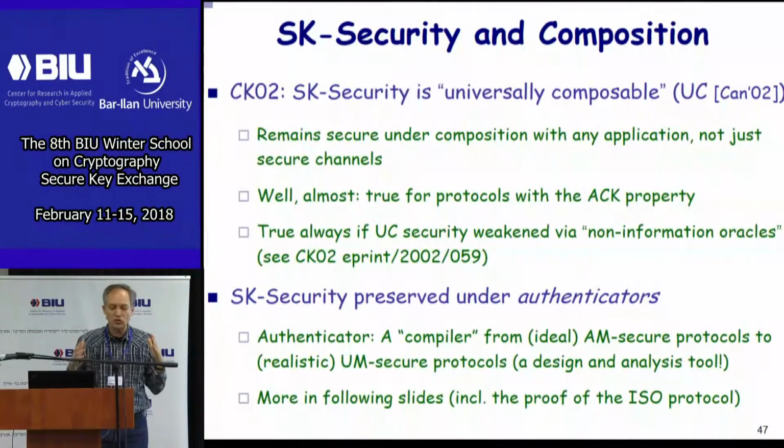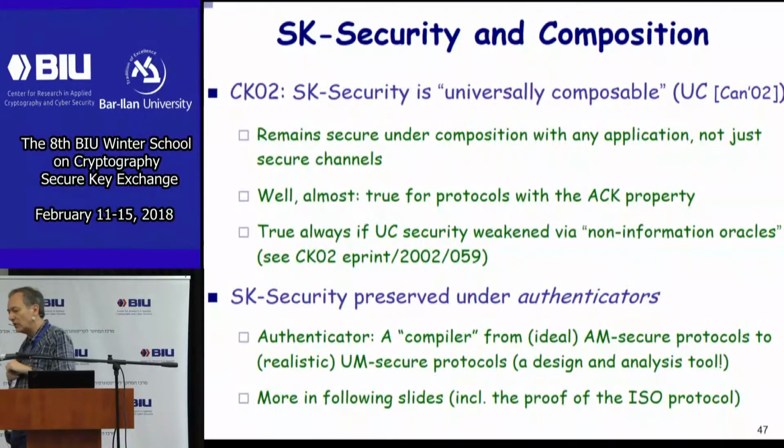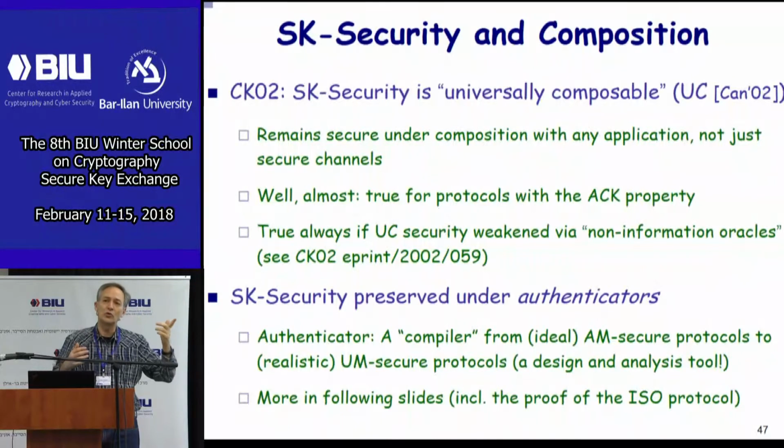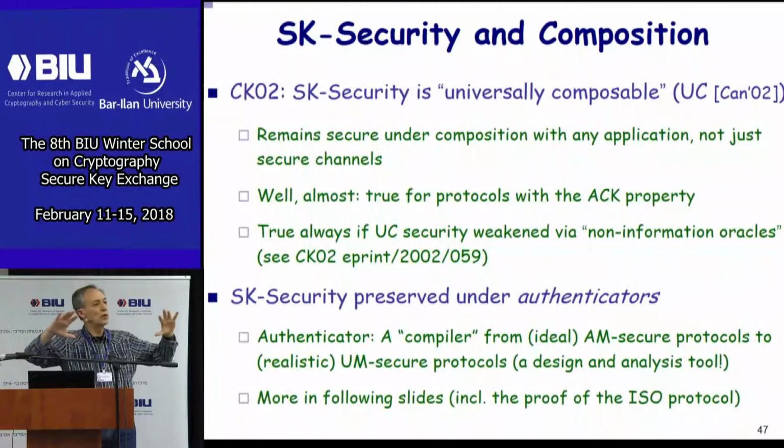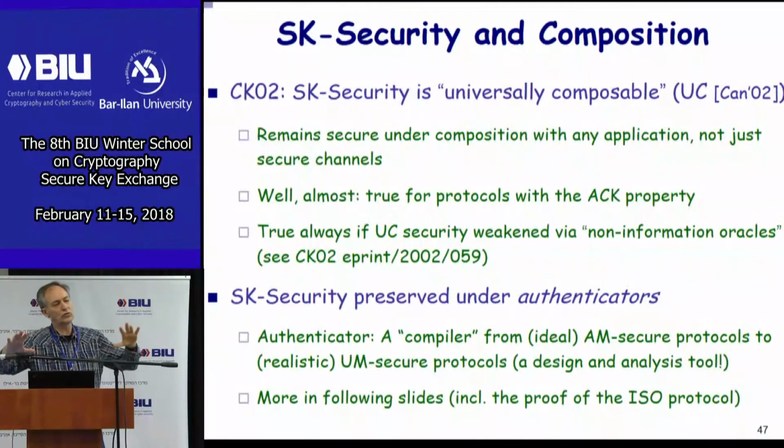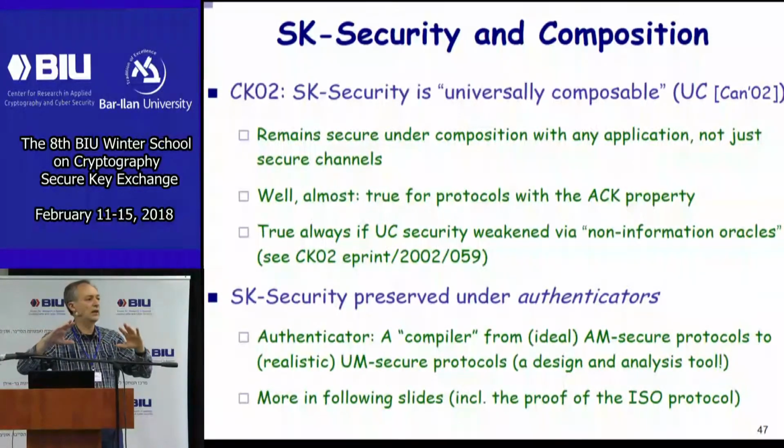In the case of key exchange, it happens that you can actually show equivalence. And this speaks to the point of Turing, that one of the ways of getting confidence in a definition is having more than one definition that look very different. I'm not showing how the composition one looks.